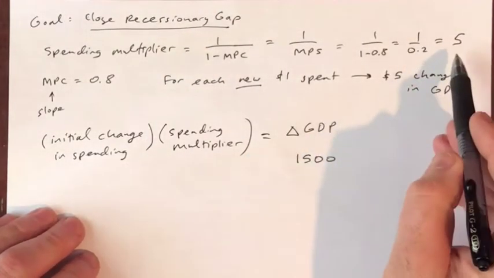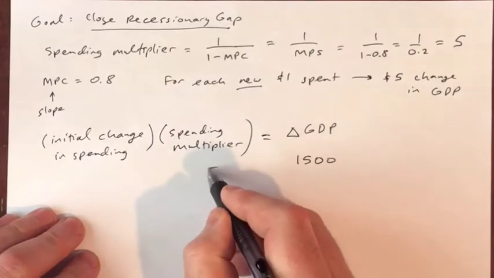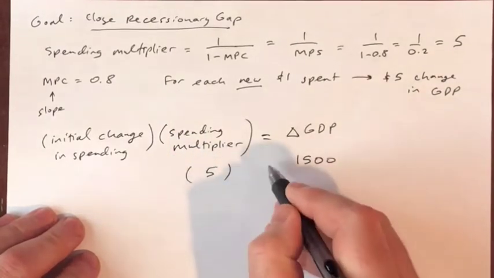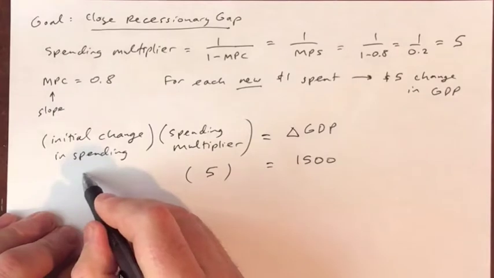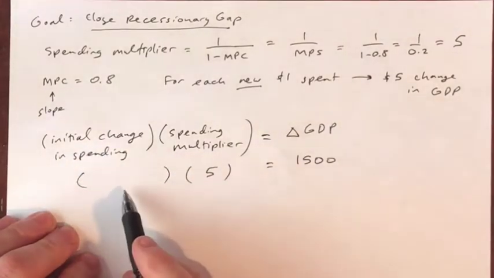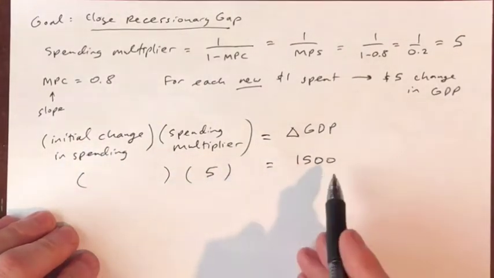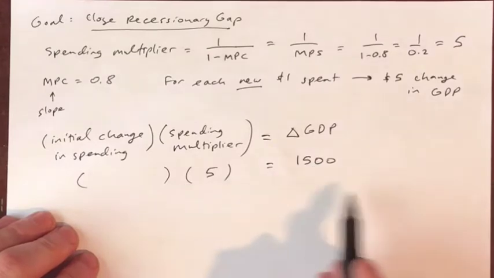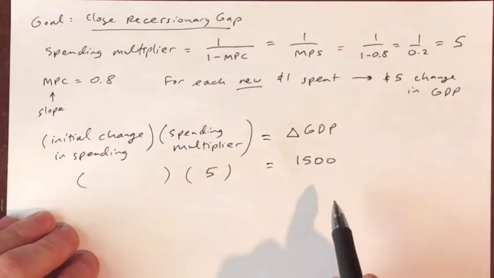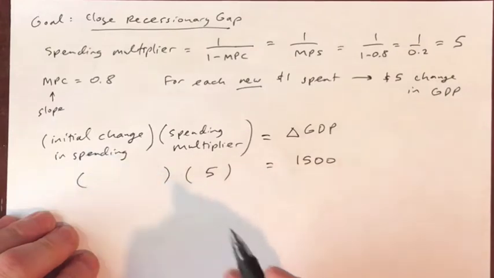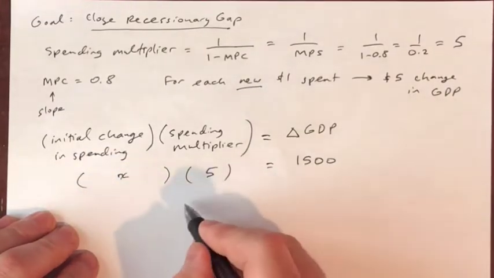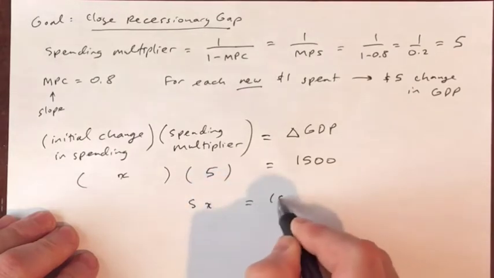So we've calculated the multiplier. That's the next piece we're going to put in here. The multiplier is 5. So in our situation, what times 5 gives us 1,500? We can divide both sides by 5 in order to get this answer. If this is like our x, we've got 5x equals 1,500.